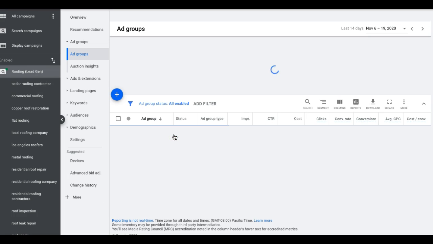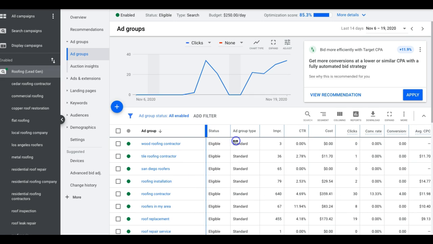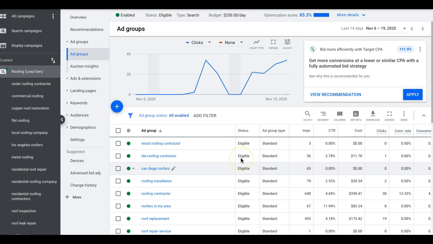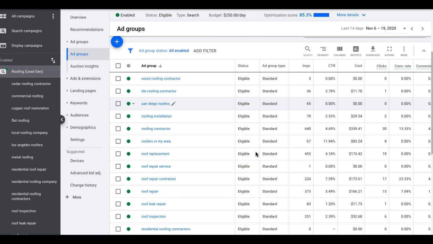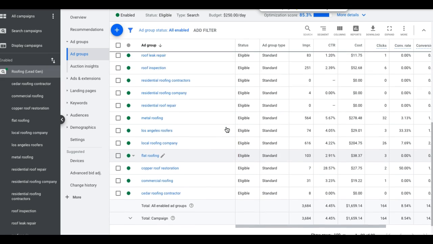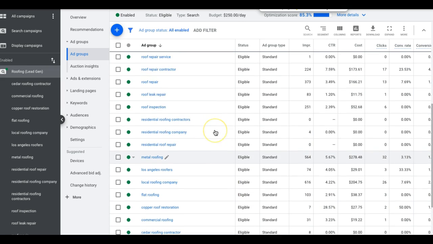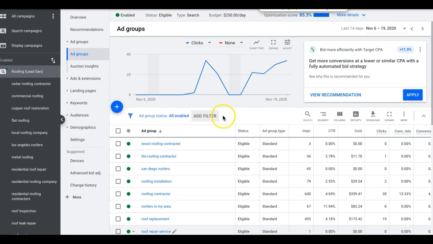If we go into the campaign, you can see the type of keywords. You can see here we have our geo ad groups, San Diego. We'll keep going down here. I think we have Los Angeles in here too. These are all the ad groups we're running. So it's generic roofer stuff: metal roofing, residential roof repair service, roof replacement, which is what everyone wants because those are the big money jobs.